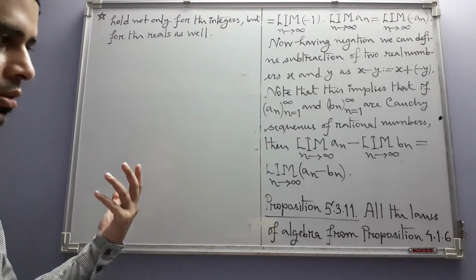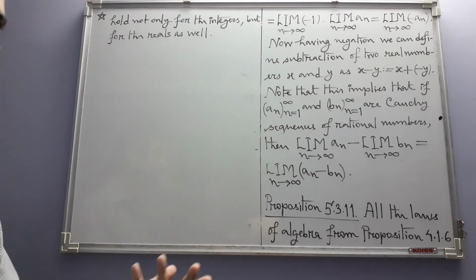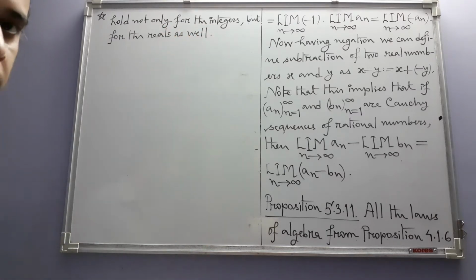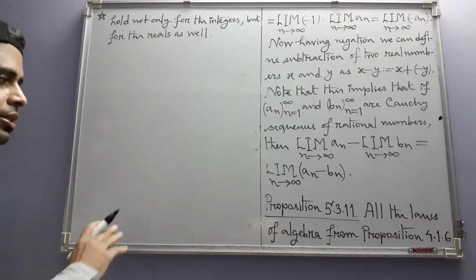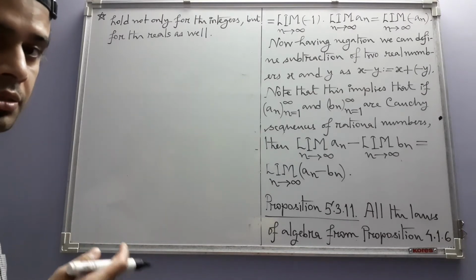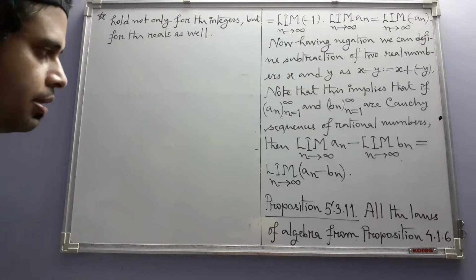Saying that this system forms a ring is just a short way of saying that this list of properties are simultaneously true for the system. Like addition has to be associative, there must be an element that behaves like 0, every element has a negative, and things like that.